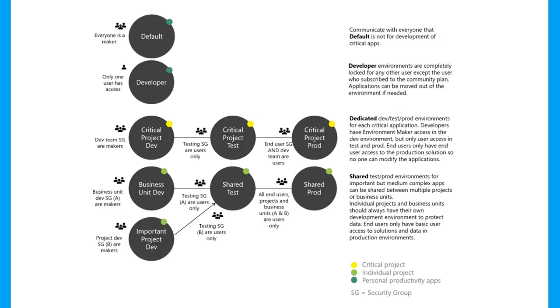Then when it's decided that, yep, that's good to go, we're going to move that into the production environment. The developers don't have any true access to this. They can't edit the apps or anything like that. It's purely that the IT department can deploy those applications to the production environment, and the developers never have access to edit them, because that would mean they wouldn't be following the correct process.